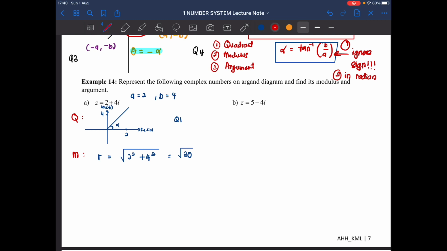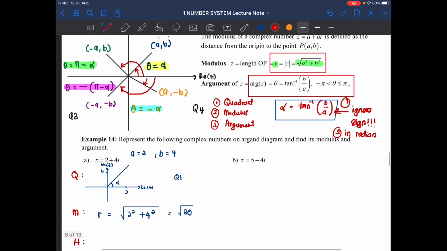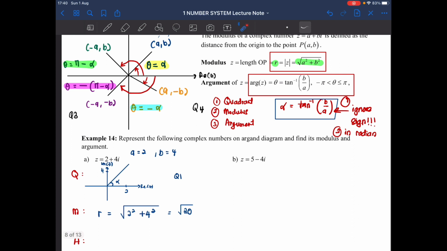And the last part is the argument. So here is our argument. This is alpha, actually we have to find alpha. But for our question, our complex number is in the first quadrant. So simply theta is equal to alpha.